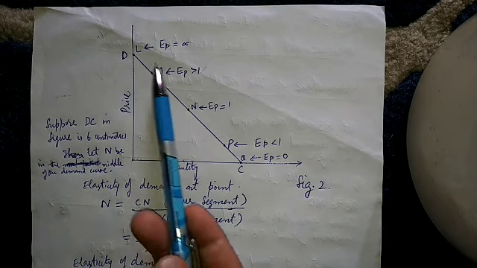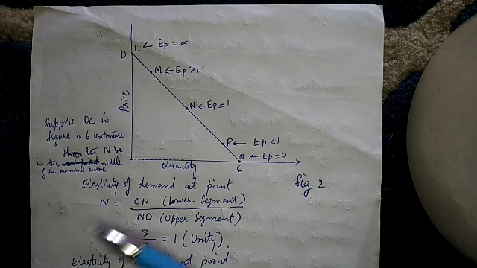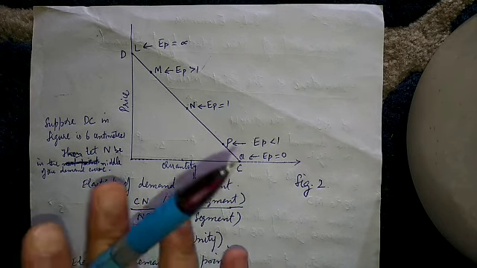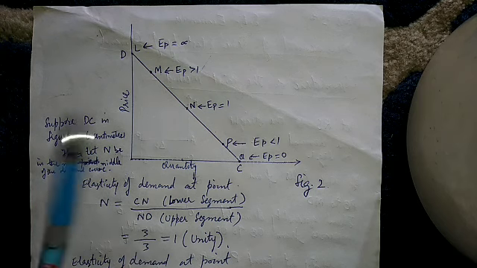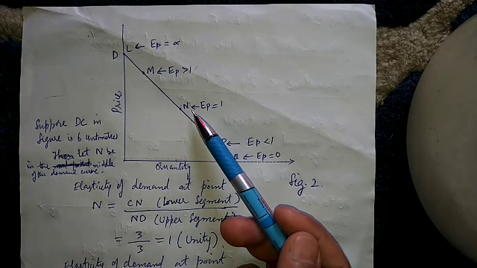The 5 points L, M, N, P, Q are taken on this demand curve. The elastic demand at each point can be known with the help of the above method. Let N be in the middle of the demand curve.